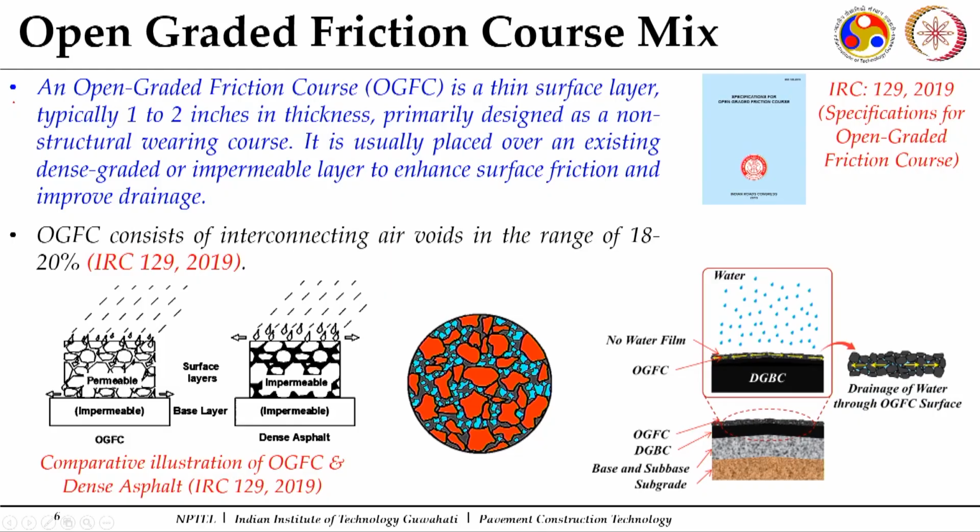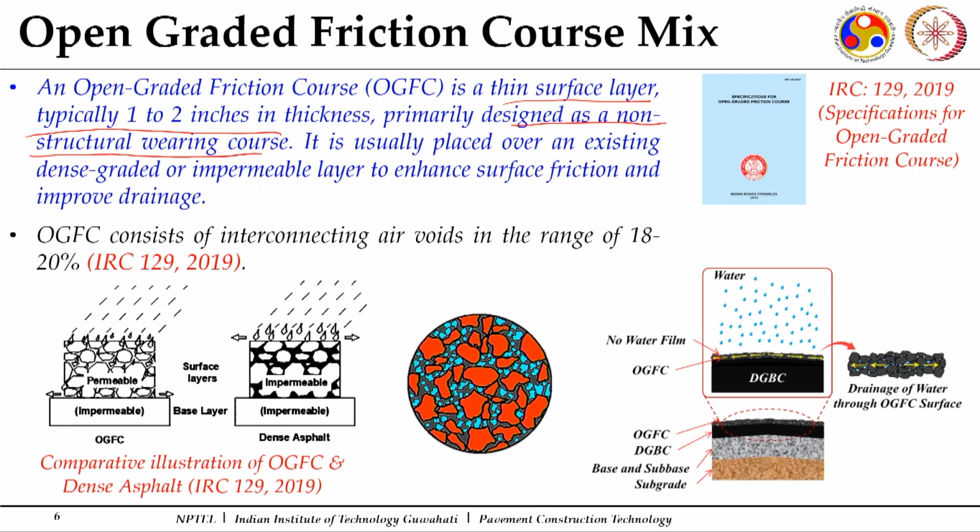So, an open graded friction course is a thin surface layer. Typically, they are constructed in a thickness of 1 to 2 inches only, and they are not considered a structural layer. So, in my pavement design it will not form a part of my pavement crust, because the thickness is quite less, around 1 inch.